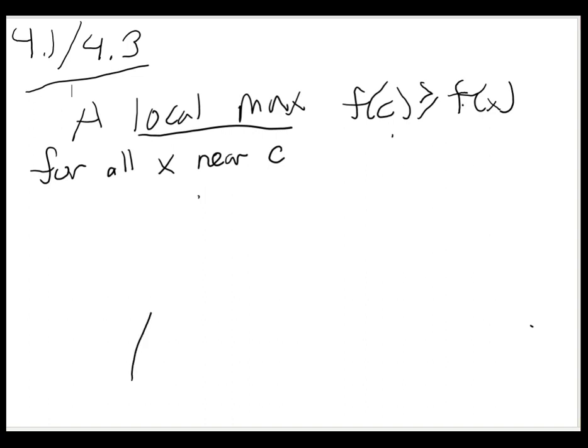So for example, this graph, this is going to be an absolute max because if we draw this little open area, and I'll highlight on that part, you see that the highest y value is where we would want to say our maximum is. And it's just on that open interval, because if we try to extend that open interval to be the entire thing, this is no longer a maximum.